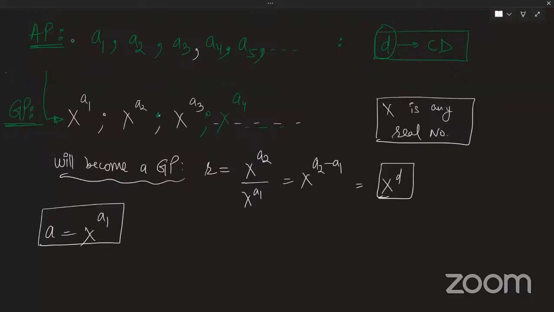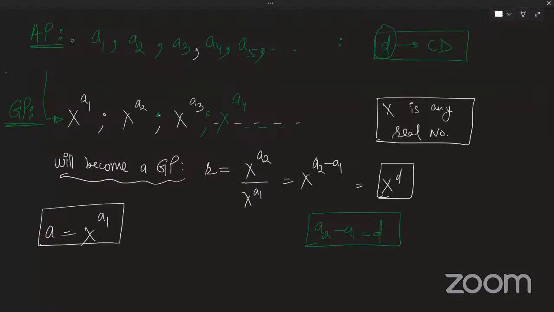Fine, right? Because it has to be like this. So when I take it, it is x raised to A2 minus A1. So it is x raised to D because my A2 minus A1 is my D only. So this x raised to D is my common ratio. And my first term is x raised to A1.